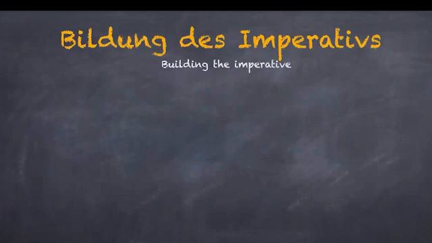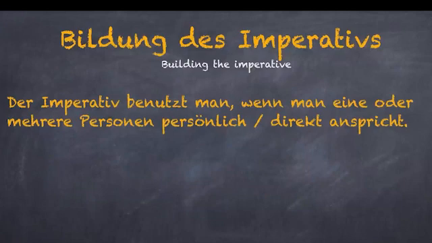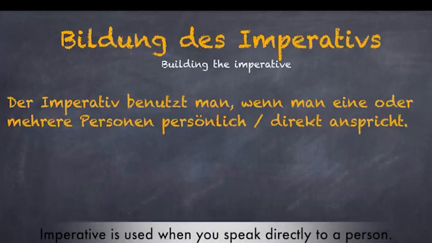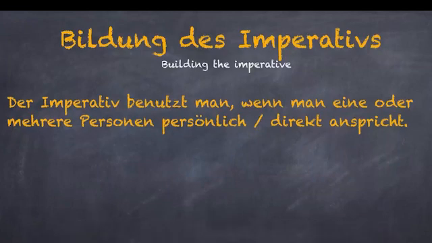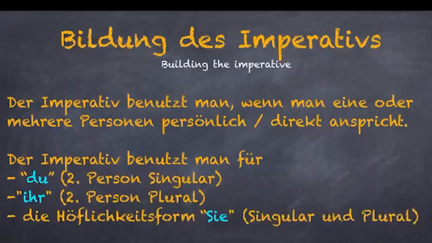Now let's see how to build imperative. Bildung des Imperativs. Imperativ benutzt man, wenn man eine oder mehrere Personen persönlich direkt anspricht. That means, when you're talking to one or more people directly, then you use imperative.